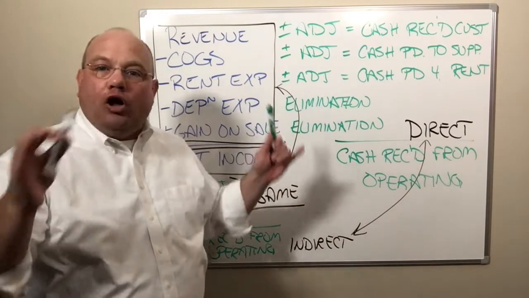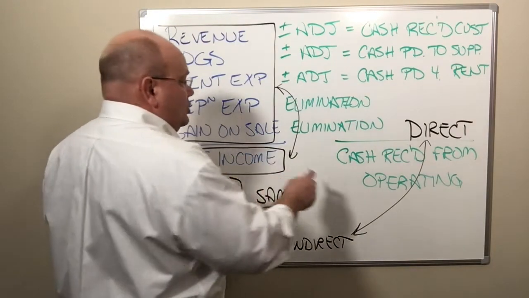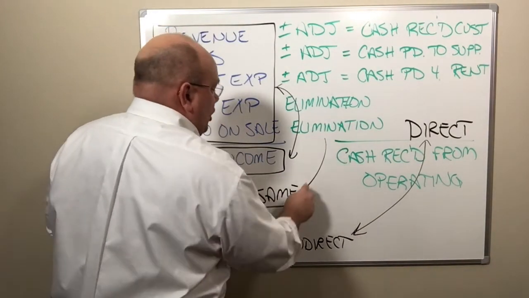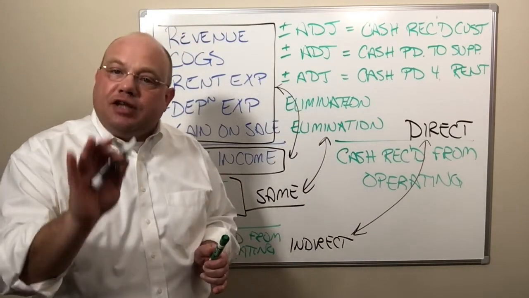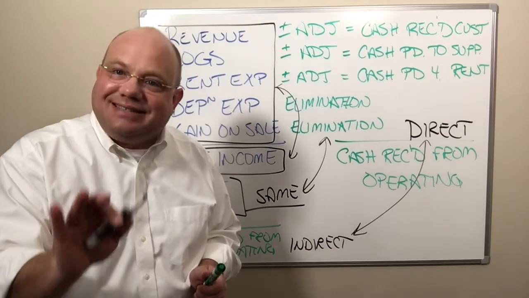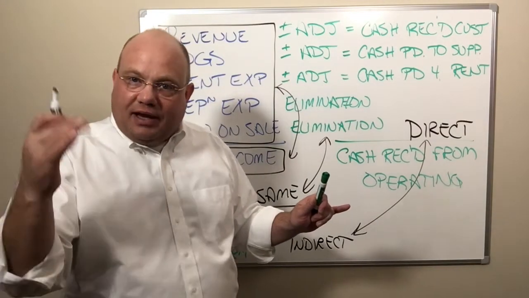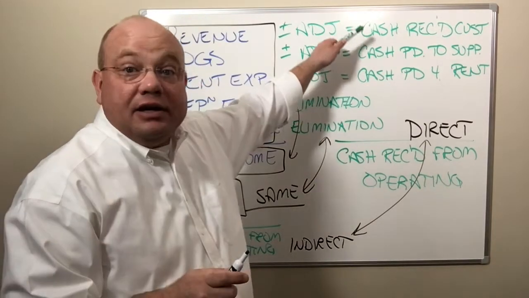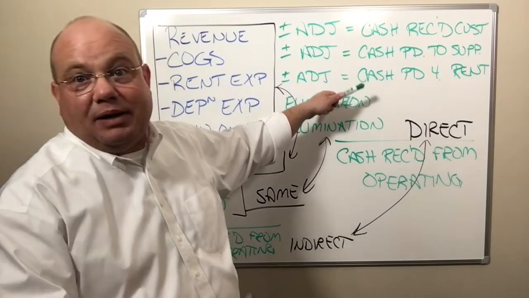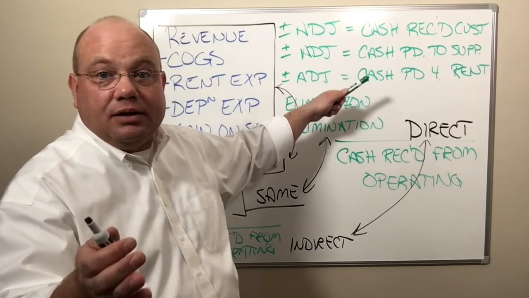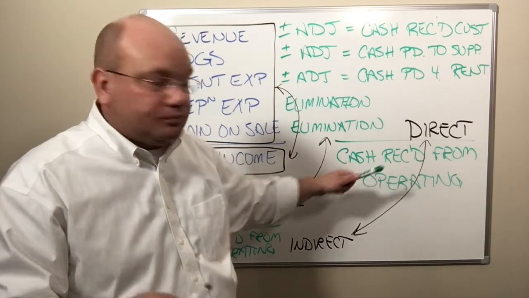Okay. Now, all of this discussion comes down to just demonstrating that the adjustments are the same under both methods. What's different is how they are presented. So under the direct method, the operating section of the statement of cash flows looks like cash received from customers minus cash paid to suppliers minus cash paid for rent minus cash paid for salaries minus cash paid for marketing equals cash flows from operating activities.